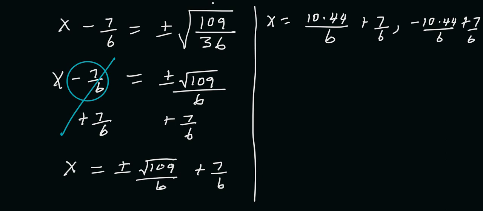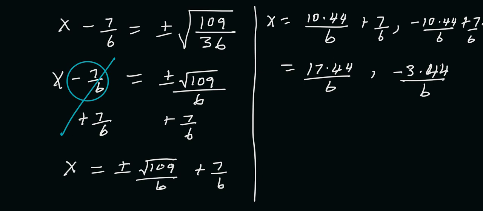All we just have to do is to add up the numerator, and that is going to give us 17.44 over 6. And negative 10.44 plus 7, that's going to give us negative 3.44 over 6.